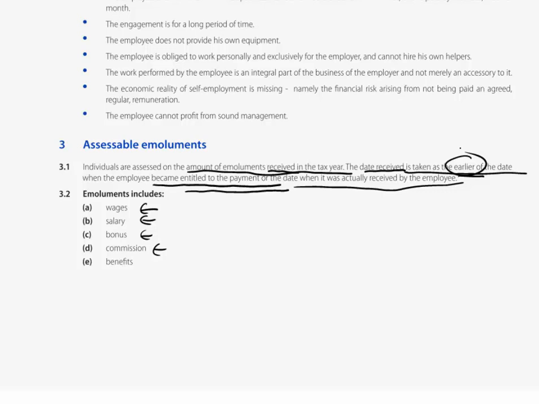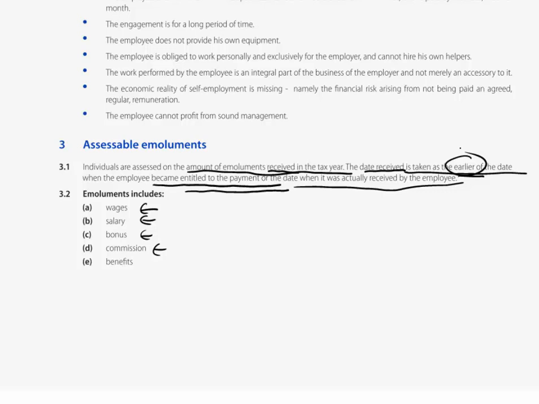Well, we look at the earlier of the date when you became entitled, that is March 2016, as compared to the date when it was received, say the 30th of April 16. Now, which tax year, therefore, does that earlier date fall into? Well, you became entitled in March 2016, that is in the 15-16 tax year.